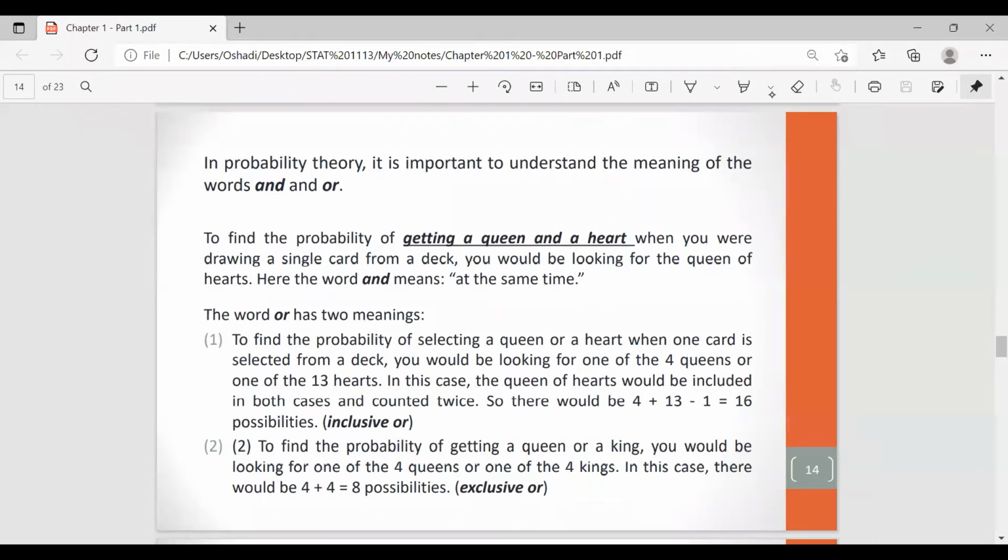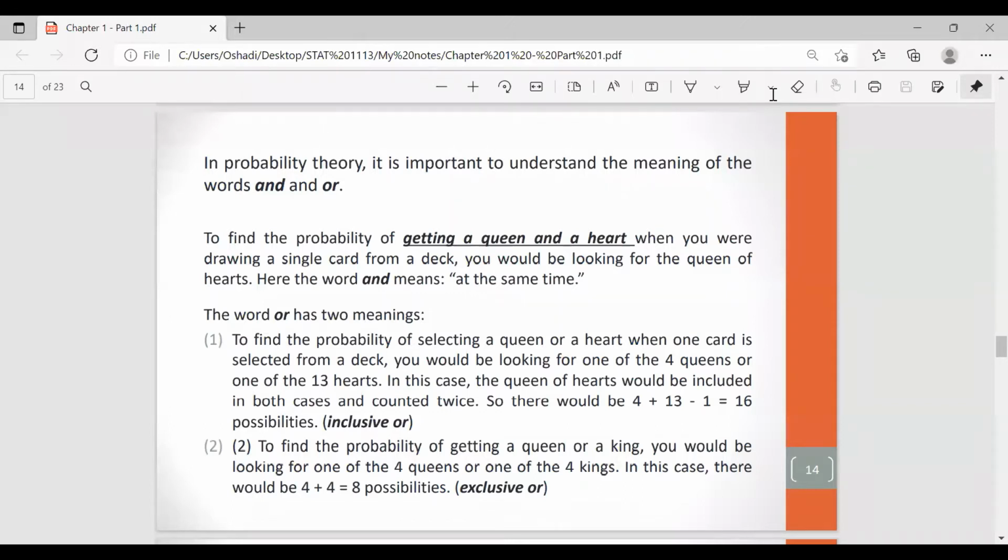There are 13 cards having the heart, right? So in this case, the queen of hearts would be included in both cases. Inside these 4 queens, the heart queen is included, and also in the 13 hearts, the queen is included.